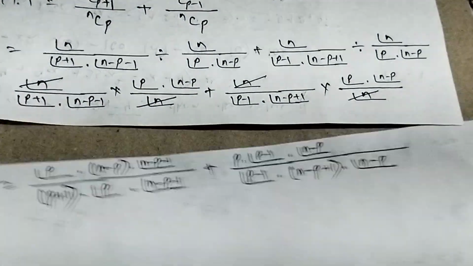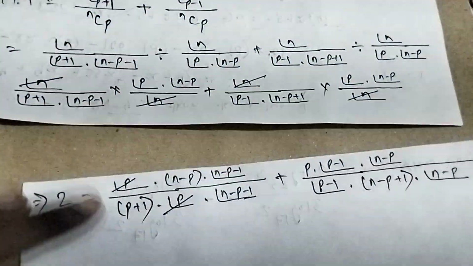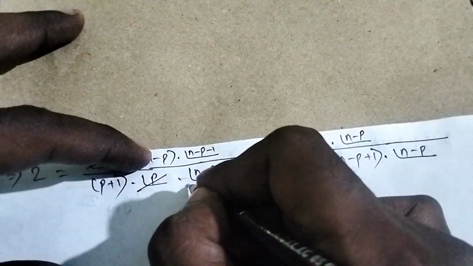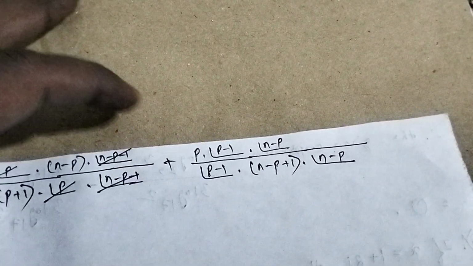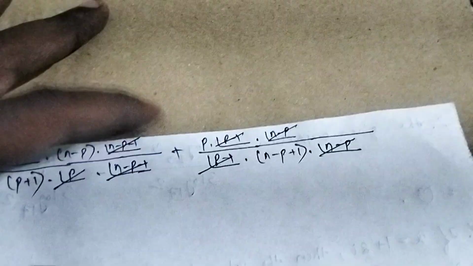Clear? So now you see p factorial will cancel each other. (n-p-1) factorial cancel each other. From here (p-1) factorial cancel each other. (n-p) factorial will cancel each other.